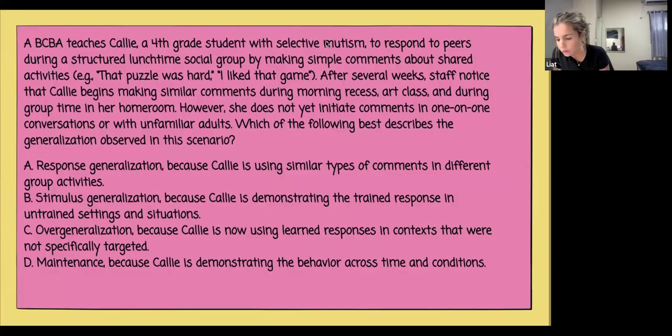A, response generalization, because Callie is using similar types of comments in different group activities. B, stimulus generalization, because Callie is demonstrating the trained response in untrained settings and situations. C, overgeneralization, because Callie is now using learned responses in contexts that were not specifically targeted. Or D, maintenance, because Callie is demonstrating the behavior across time and conditions.